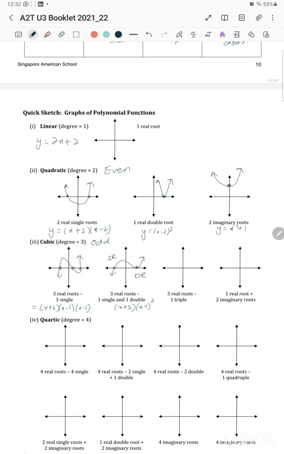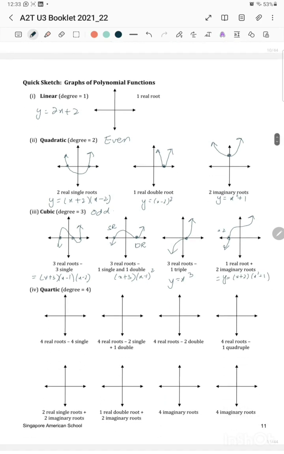Three real roots, one triple. One real root plus two imaginary roots means y is equal to (x plus 2)(x squared plus 1).